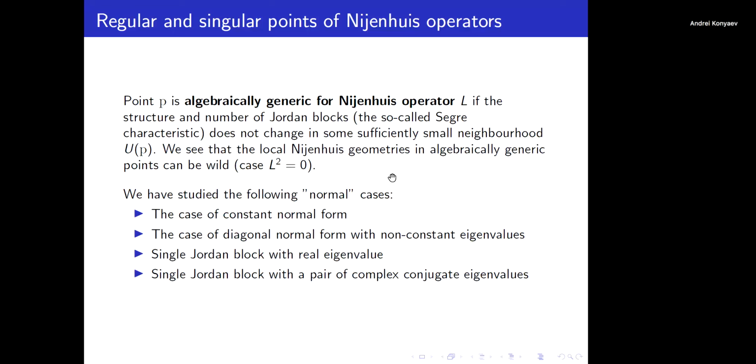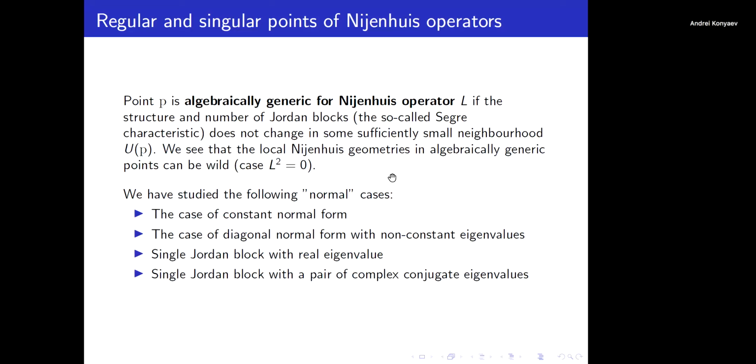If you want to study a vector field on a manifold, you study its singular points, because those points carry information about the vector field and about the topology of the manifold. The same logic can be applied here. If we want to study Nijenhuis geometry as a whole, if we want to look at the manifolds which can carry a Nijenhuis structure, then we will have to deal with the singularities.